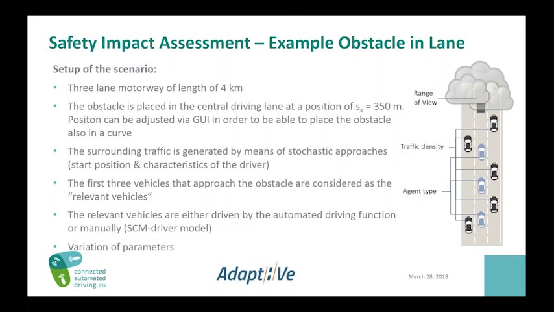And then there's surrounding traffic, which we simulate according to stochastic variations. And then we have some vehicles, which you can see here in this picture, in this lighter blue color. These are the vehicles which are equipped with the functions. These are the relevant vehicles.